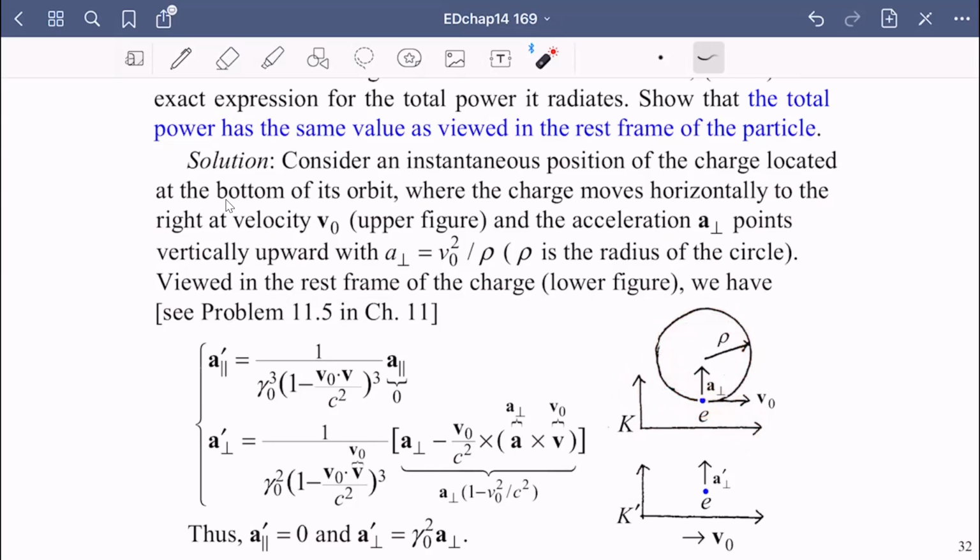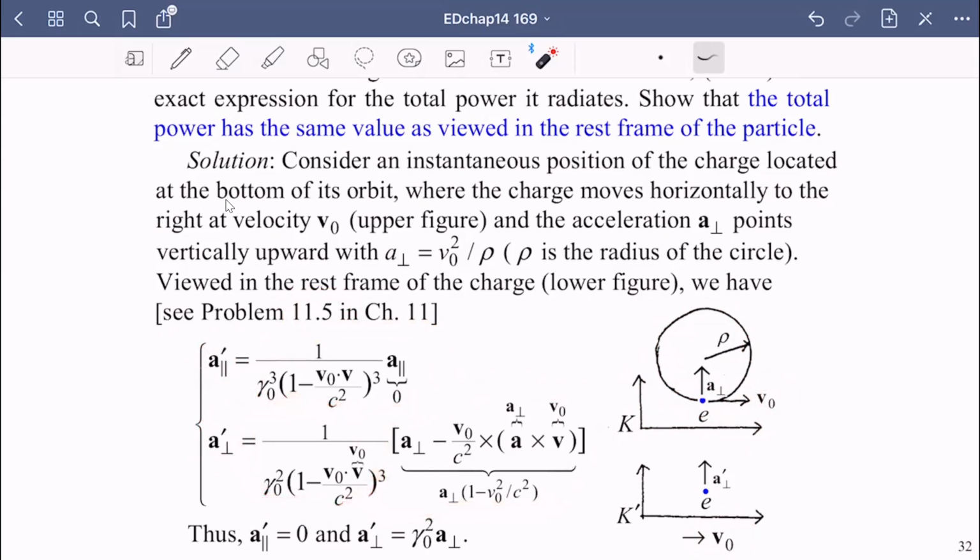But in the rest frame, you move with the particle at a given moment in the same direction, v0, so you are just side by side. Therefore, we have problem 11.5 in chapter 11, with a parallel and a perpendicular component.